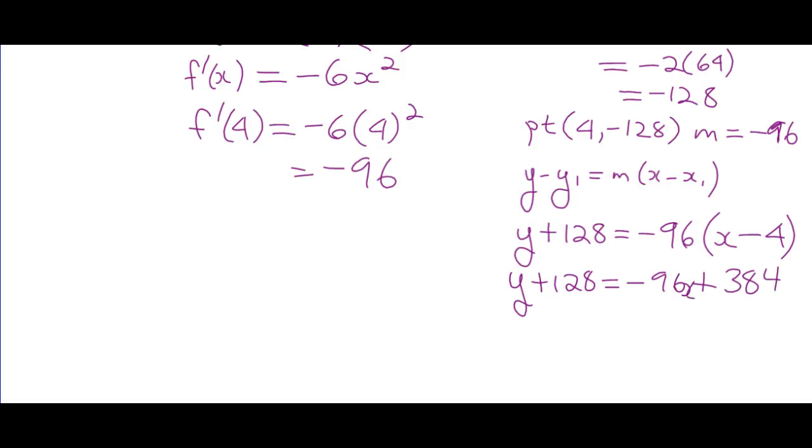And there's an x in here. Don't forget the x. Okay, so we need to have a positive x, so we're going to move that over to the left. Get 96x plus y, and then we have 384 minus 128.